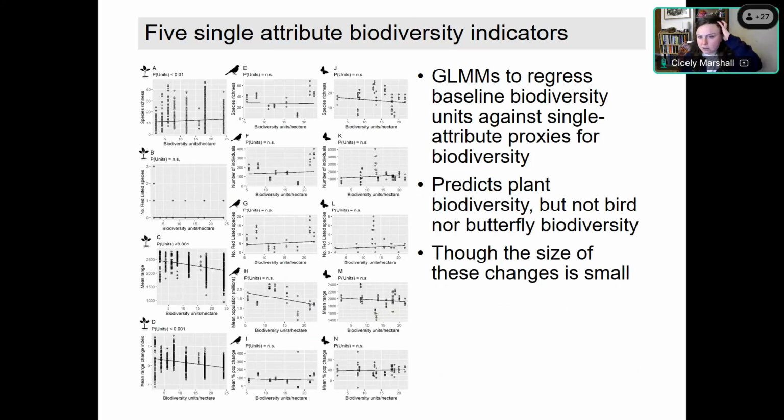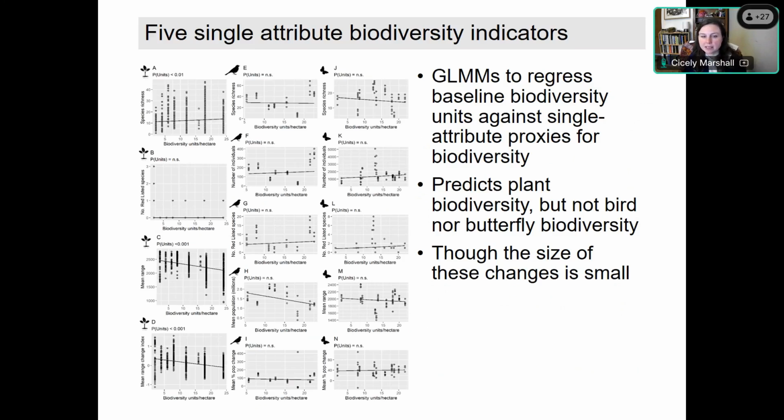For plants, we found significant relationships between baseline units and species richness, that's panel A, and between biodiversity units and plant mean range, that's panel C, and mean range change, that's panel D. So that means that on average, plant species of higher unit habitats do have smaller ranges and have declined more over 30 years than plant species found in lower unit habitats.